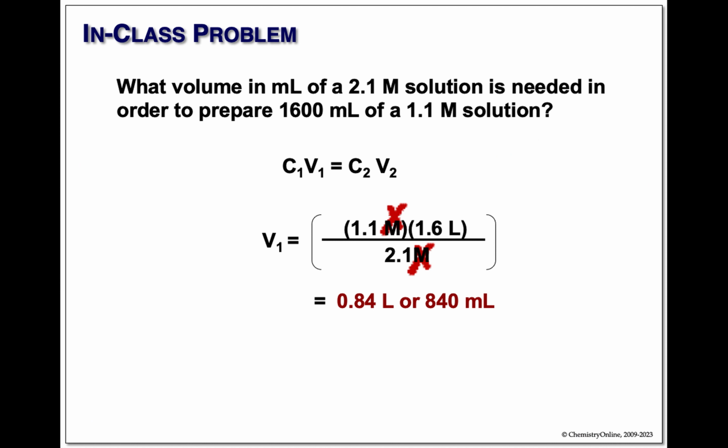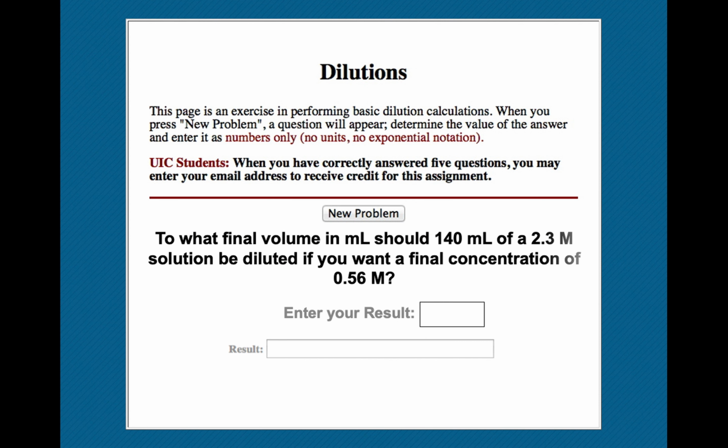Now you can make these problems as difficult as you want, but this is as difficult as I want to get, okay? They're straightforward, C1, V1, C2, V2. There's a tutorial for it. What final volume are we looking for? That's V2, right? We have 140 mils of 2.3, that's V1, C1.